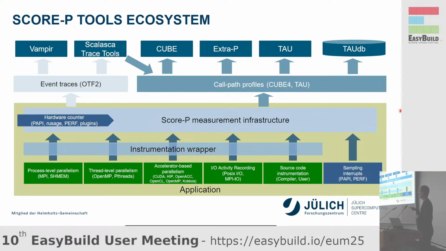So we have two tools, Vampir and the Scalasca Trace Tools, based on event traces, and we have three and a half tools, Cube, ExtraP, and TAU, with its database sitting on top of the call path profiles. And these are all complementary. So they have different strengths and weaknesses and focus on different aspects. So the nice thing is you do one measurement, or a few measurements, and you can then use multiple different analysis tools to look at different aspects of performance.